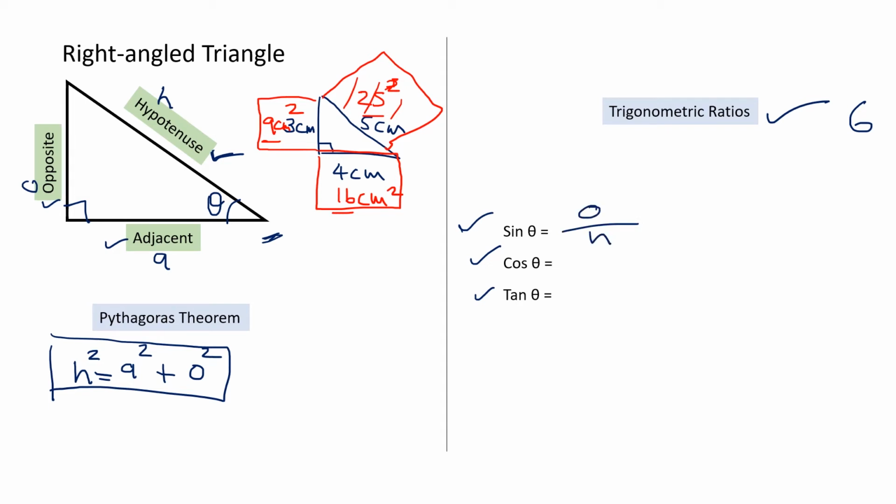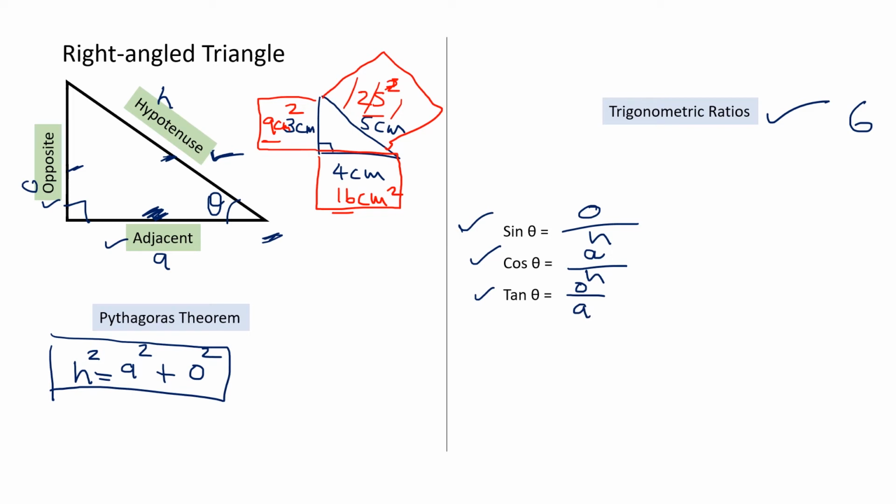Similarly, the ratio between the adjacent and hypotenuse is called cos theta, so adjacent over hypotenuse. The ratio of opposite over adjacent is called tan, so opposite over adjacent.